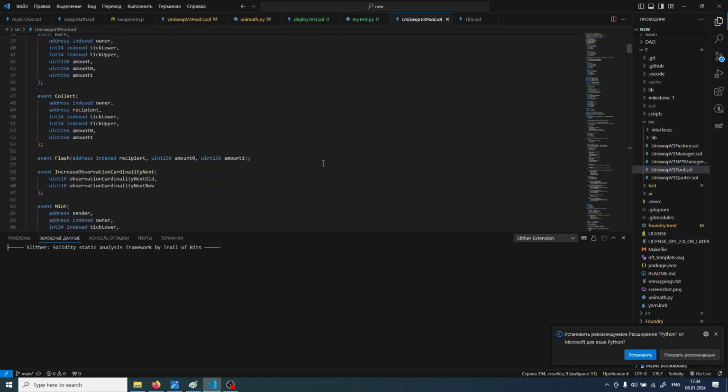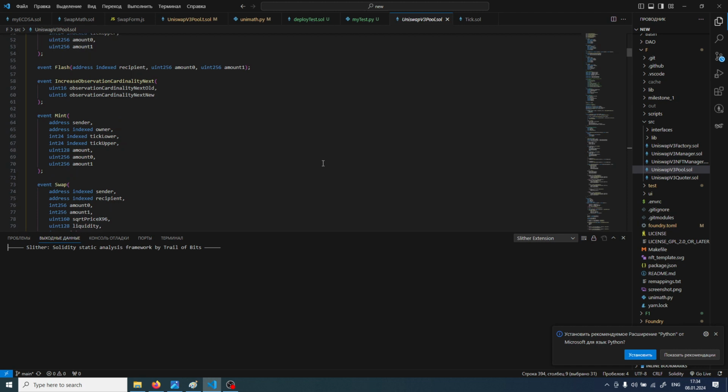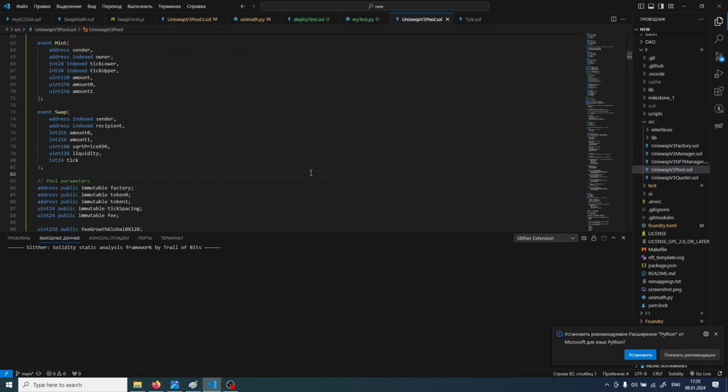They just compare the addresses of token 0 and token 1.